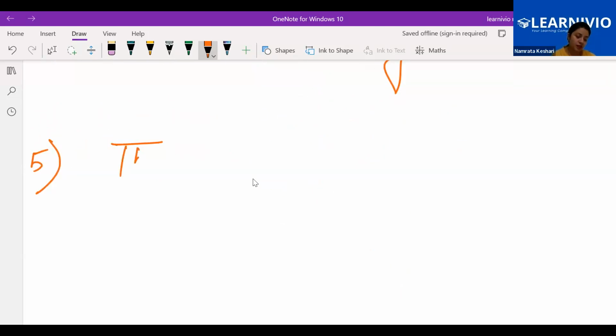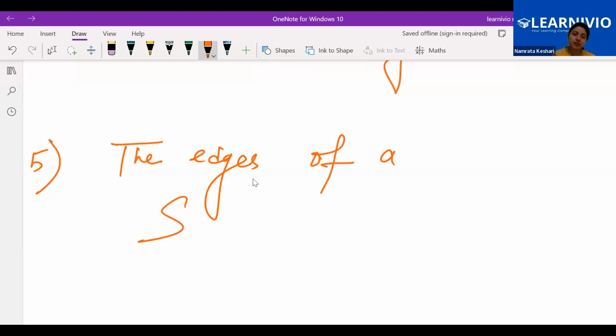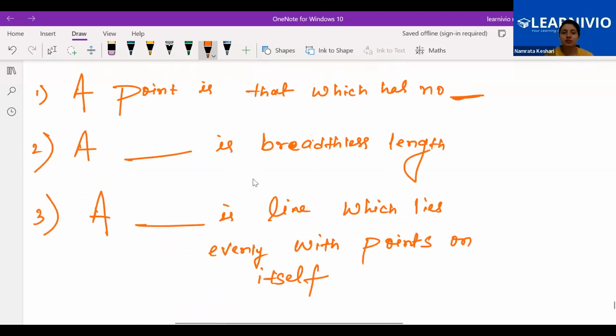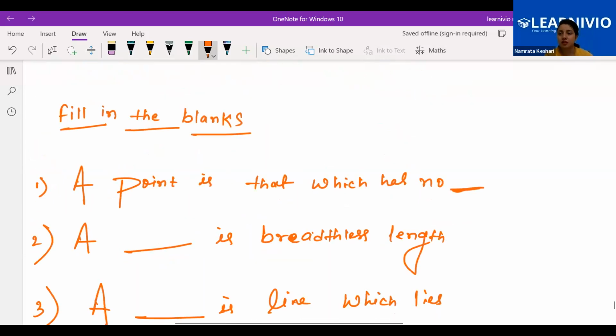The edges of a surface are dash. Okay, let's do it. 5 fill in the blanks questions are there. Just a moment.